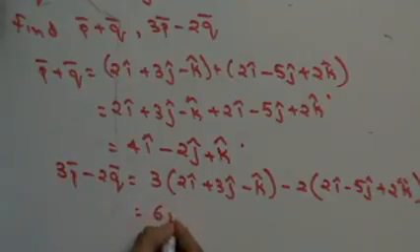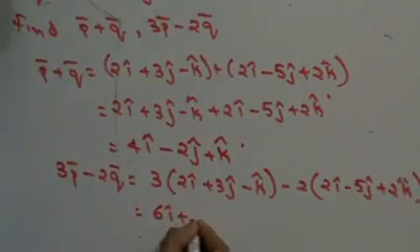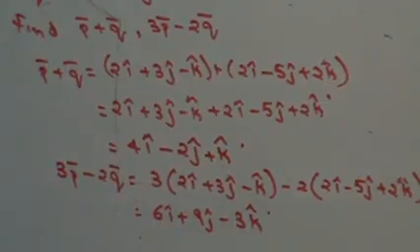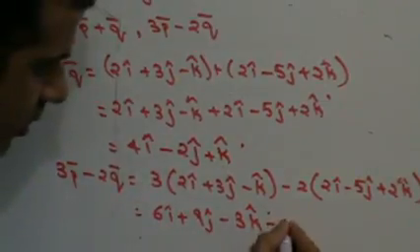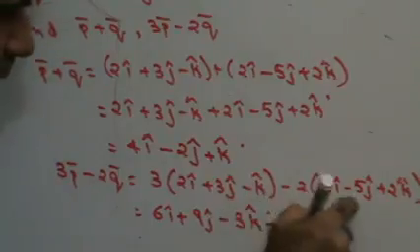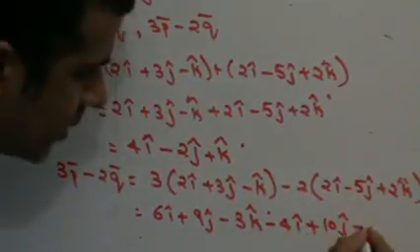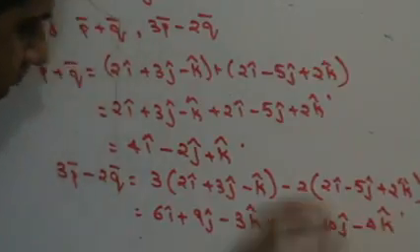Right? So this is going to be 6i vector plus 9j vector minus 3k vector. How did I do this? Just simple, open the bracket, multiply 3 with all the 3 terms. Minus 4i vector, minus into minus plus 10j vector, minus 4k vector.